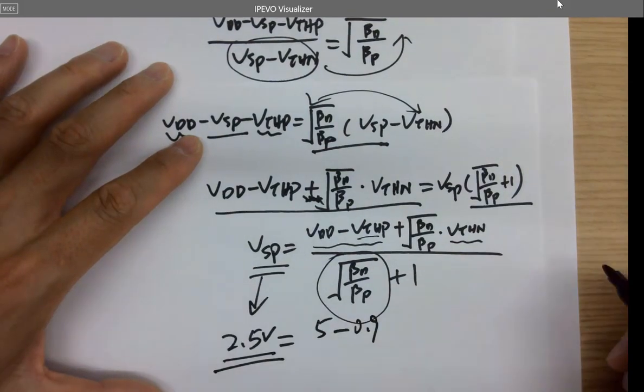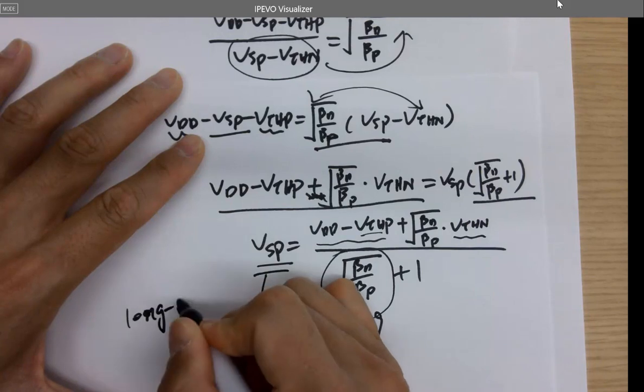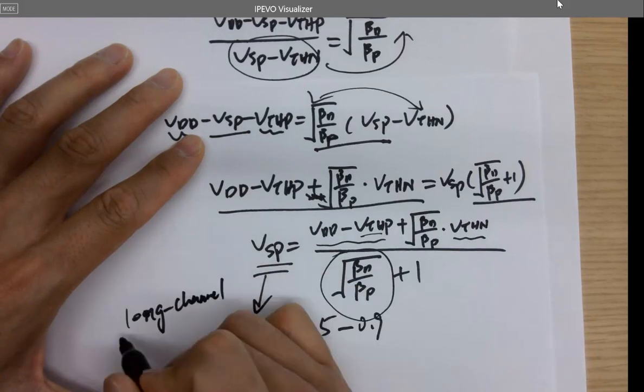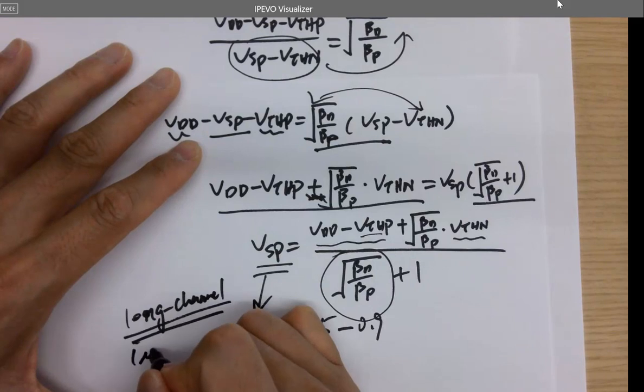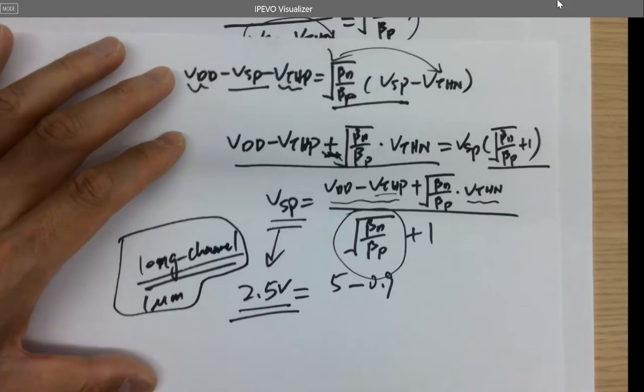volts in the long channel technology in the textbook. It's a 1 micrometer technology. It's just the educational model in the book. Okay.